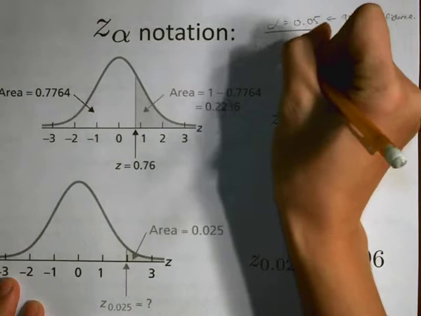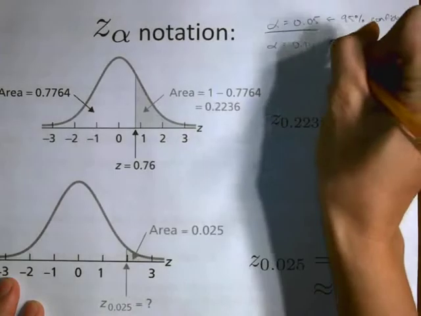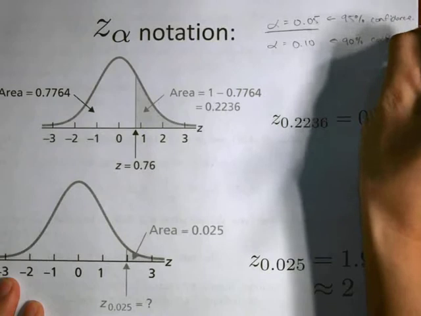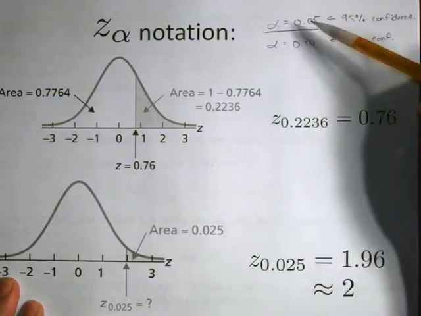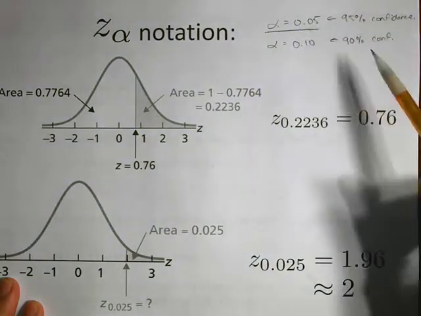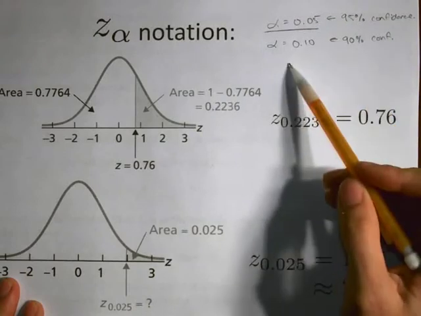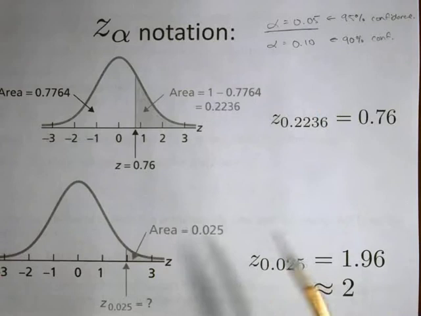Same if alpha was 0.1, that would be that I want 90% confidence. So this language is pretty prominent in statistics, so it's good to be comfortable with what alpha means.